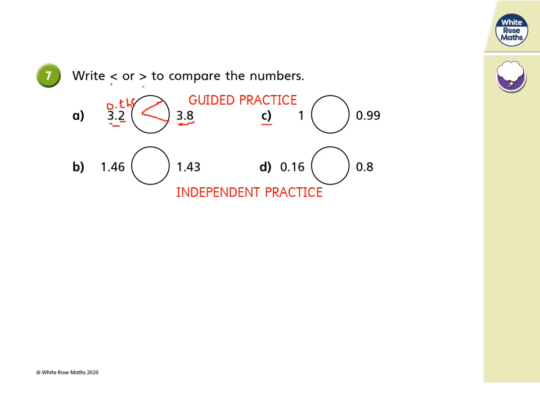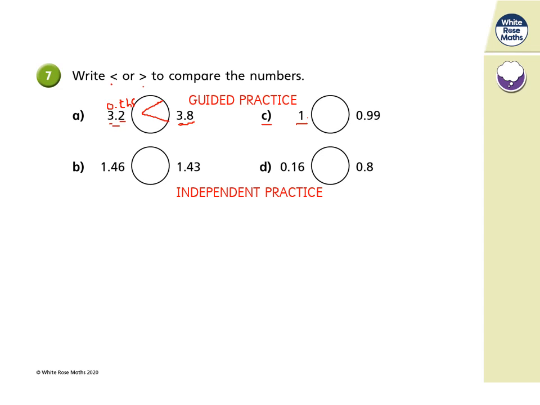Now I'm going to look at C. Now remembering on the place value grid, if I didn't have any numbers past my decimal point, I could just put placeholders. So I have the number 1 and it would have placeholders after the decimal point, but I don't need to show those when I'm writing it.